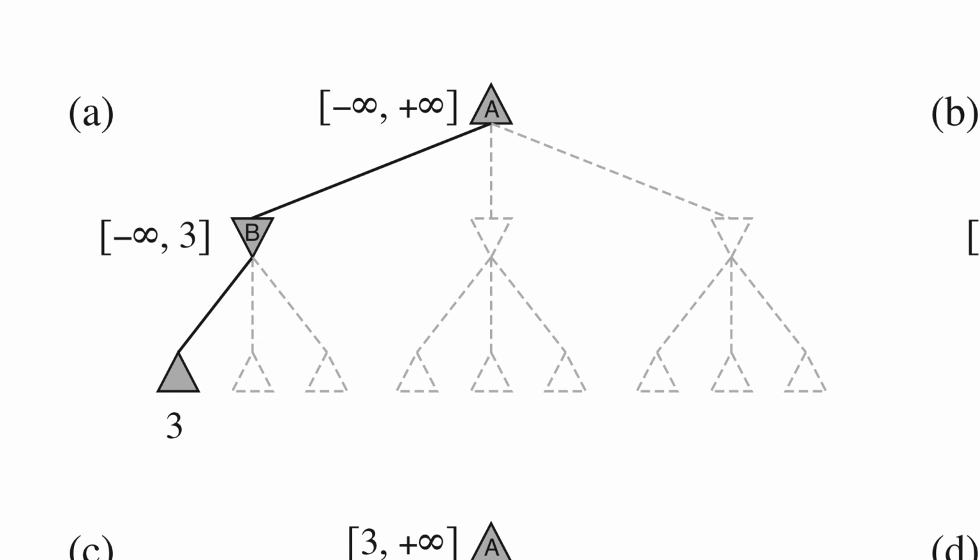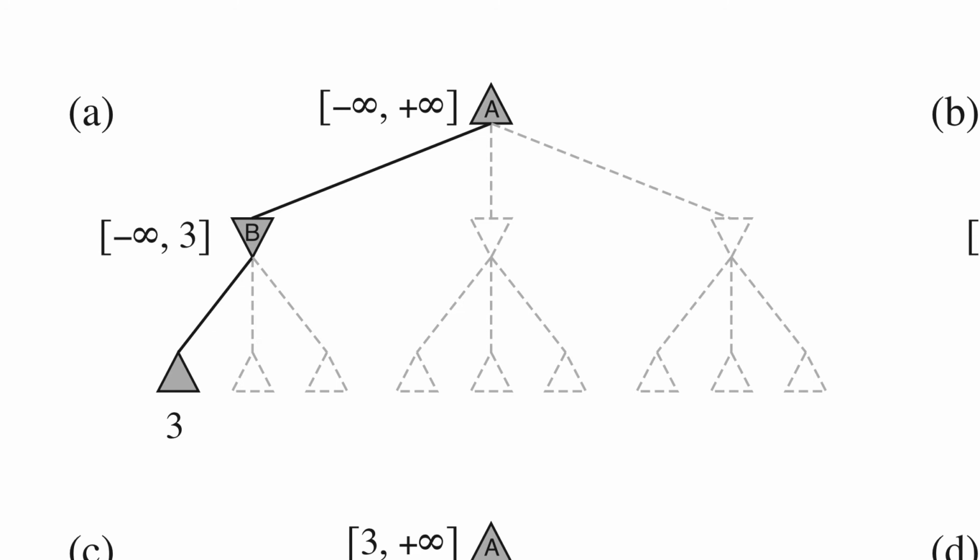So when we look at state B, we see that it has an alpha value of minus infinity still, but it has a beta value of 3. Now what does that mean? It means that so far that is the lowest scoring node that it's seen along its path. Or rather, it's the lowest value node that uses B on its path up to the root.